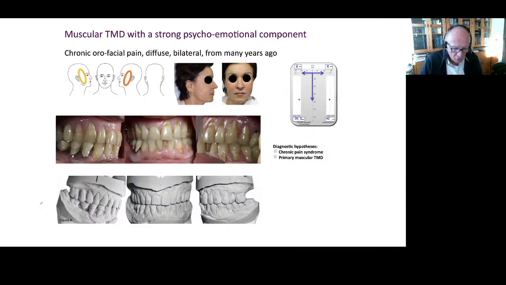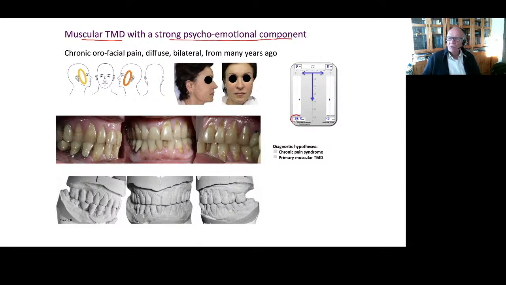I would like to show you some patient cases now. This lady, it is muscular TMD, primary muscular TMD, with a strong psycho-emotional component.